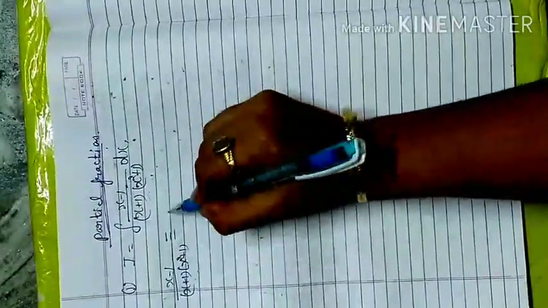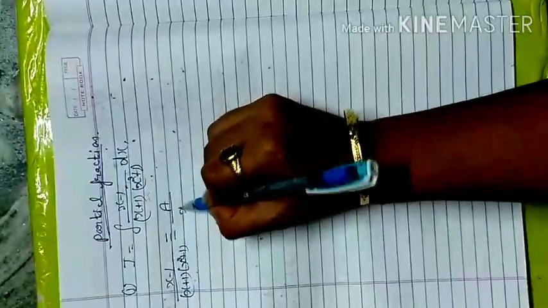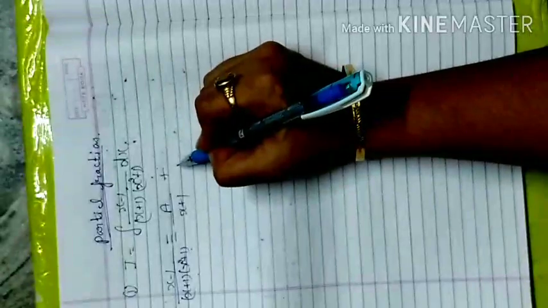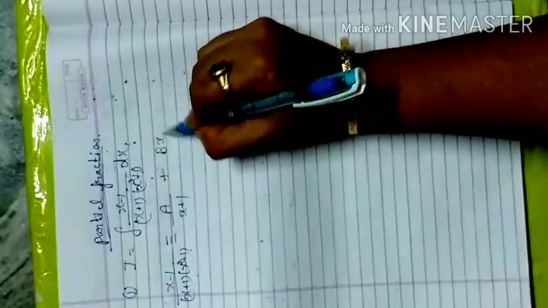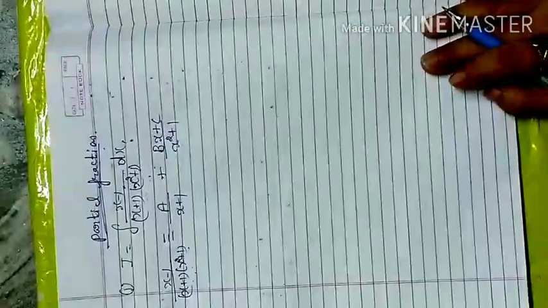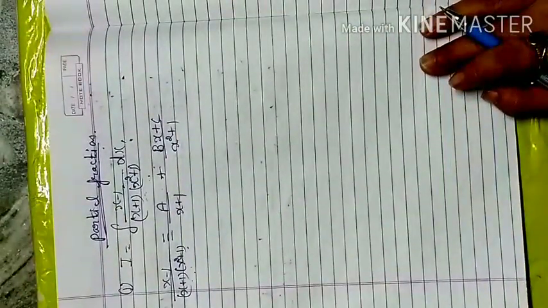If there is a linear factor, I take the variable a upon x plus 1. If it is a quadratic equation, I will take two variables like bx plus c upon x square plus 1. So this is a type of non-repeated quadratic equation as a denominator.